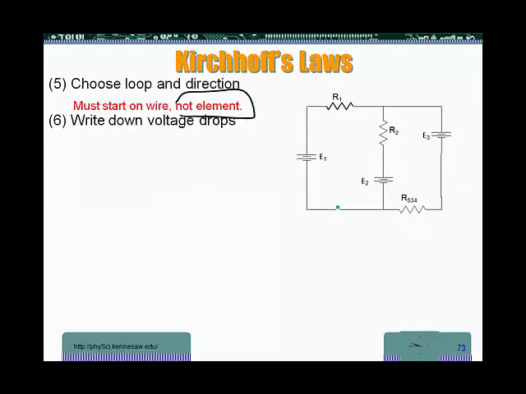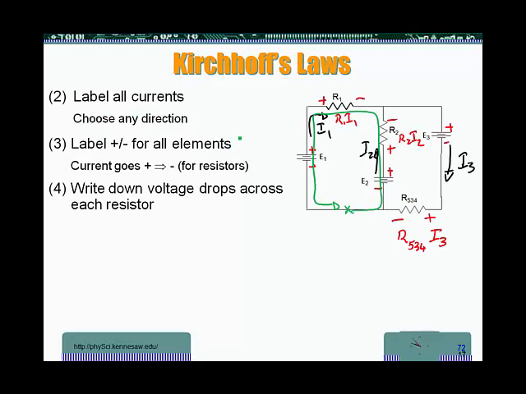And then what they say, write down the voltage drops. Okay. This is essentially saying we need to do the KVR. We need to write down the voltage drops across that loop.